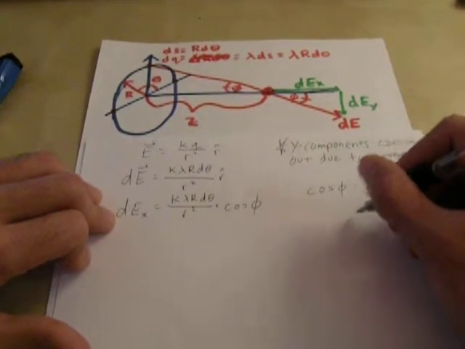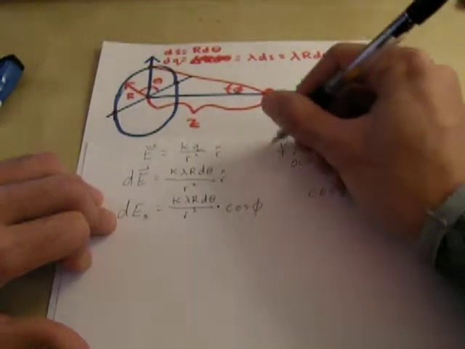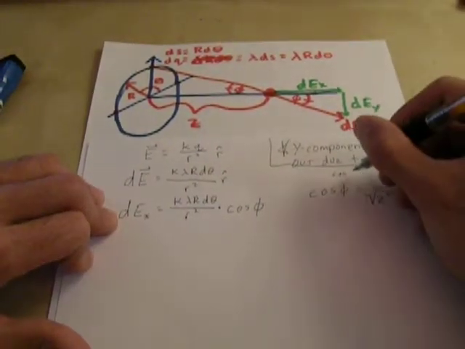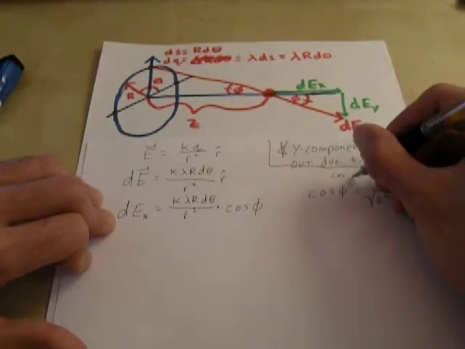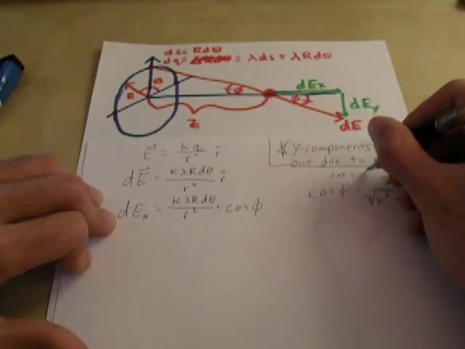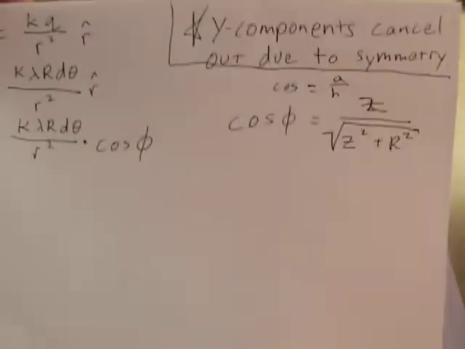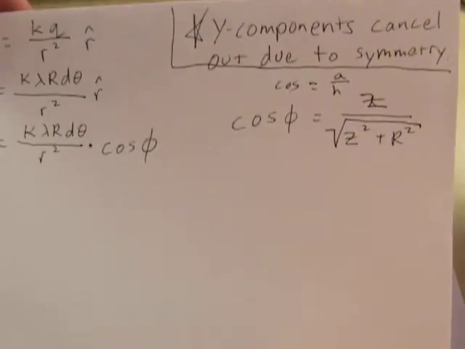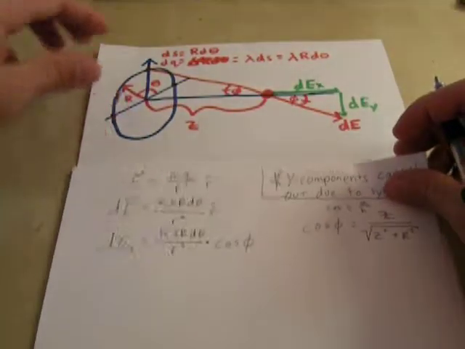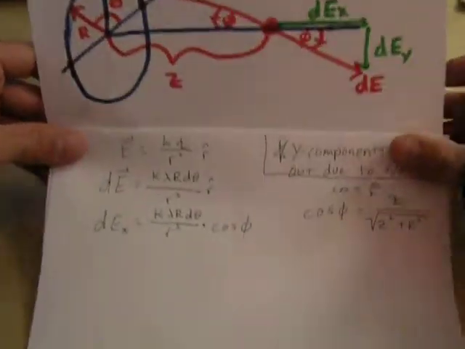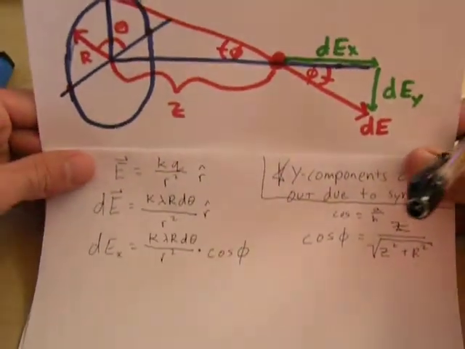As you know, cosine is equal to adjacent over hypotenuse. If you can see that, cosine is equal to adjacent over hypotenuse. Okay, stay with me.